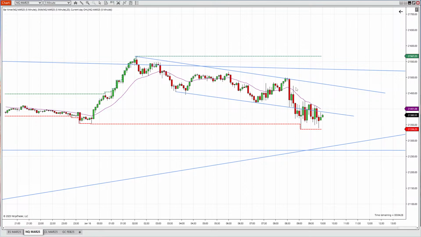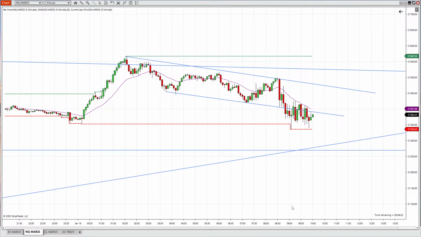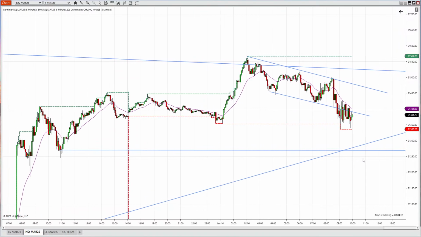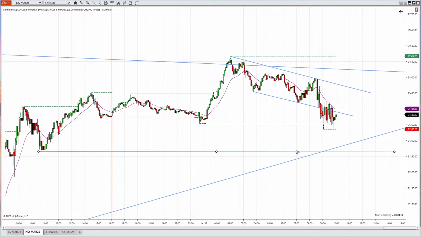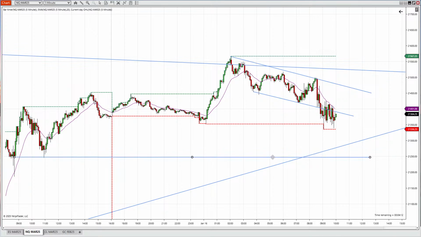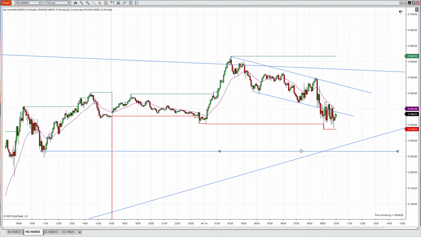Now it might be a range, might be like a channel break, channel down to a level of support. I have that marked. We could also think of it somewhere under here. We'll have to see how it reacts here.